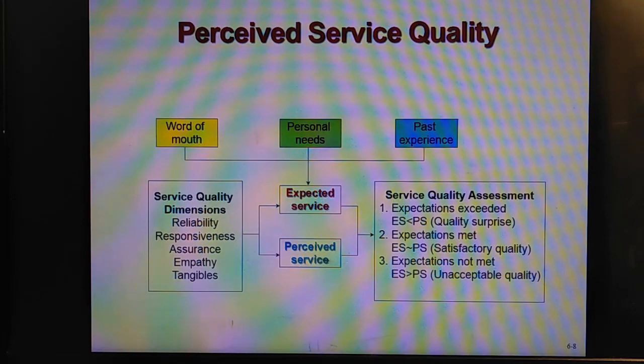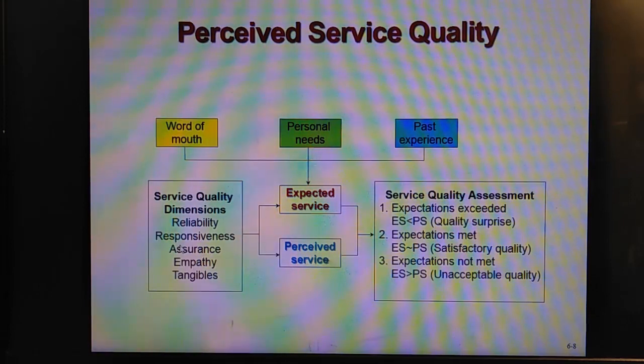What does the customer expect from the rendered service, and what does the customer perceive the service should be? For example, you want to go for servicing of your car, and you expect to be served on your request within 30 minutes of your application. You arrive at 9 a.m. and you expect that at least by 9:30 your car should be in the job queue for the service. And the perceived service is that you got your service per the time promised.